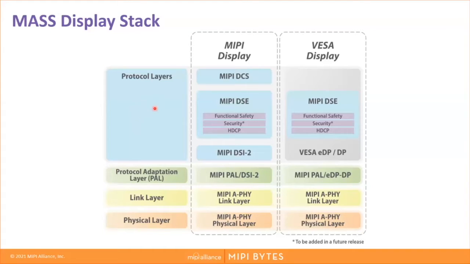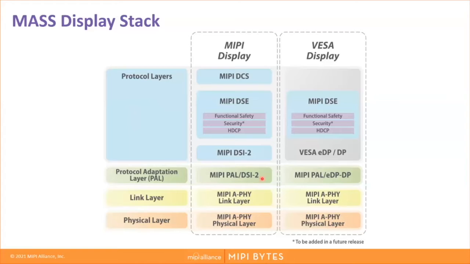So let's take a look at this example when we have a MIPI display. Starting at the top, the traditional MIPI DCS and display services extensions are used to define how functional safety, security, and HDCP are put onto the MIPI DSI-2 display protocol.